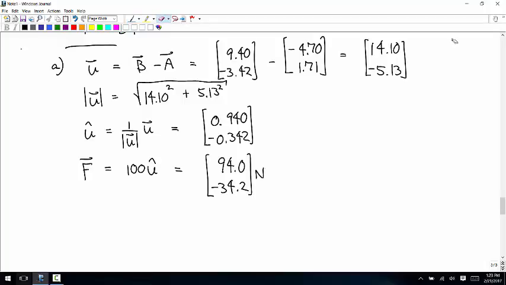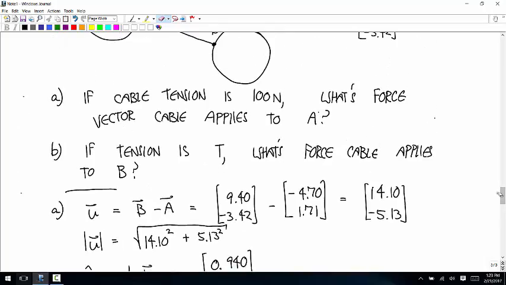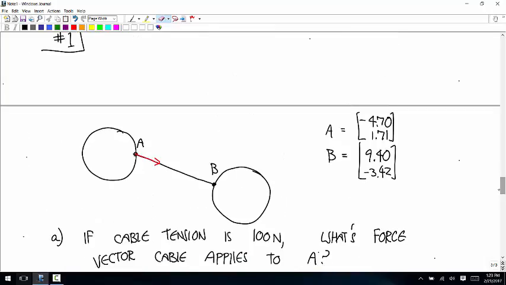And then the second one, you could go through that whole process again. That wouldn't be a problem. You have plenty of time to do it. Or you could just recognize that now we're looking for a unit vector in this direction, which is just the opposite of what we had before. You can just switch the signs on the unit vector.